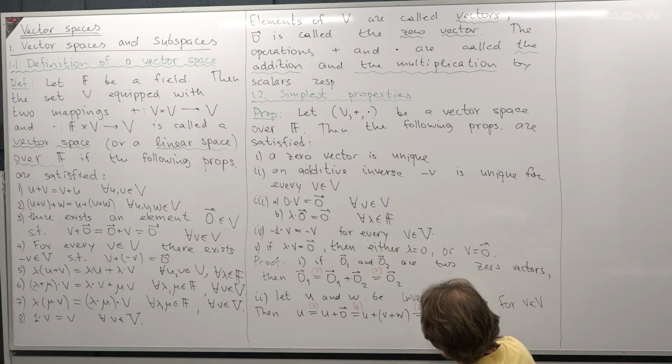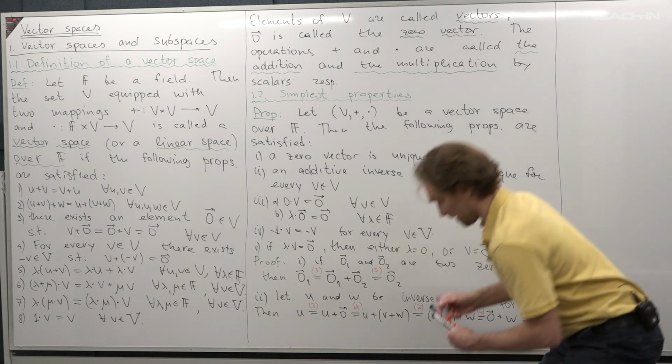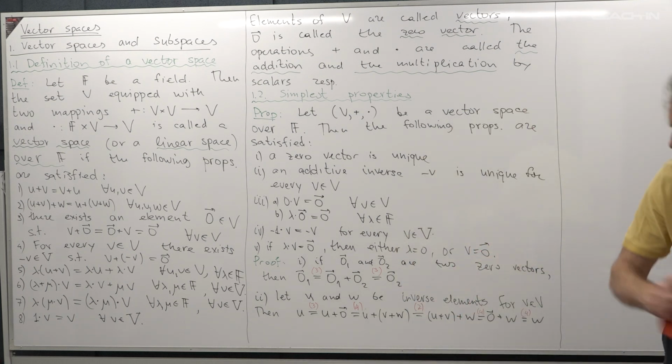And then these elements are also assumed to be inverse to each other. That's why we get 0 plus V. And then once again we use property number 3 and we get W here, just because 0 is the trivial element. Sorry, not 4, but it should be 3 here.